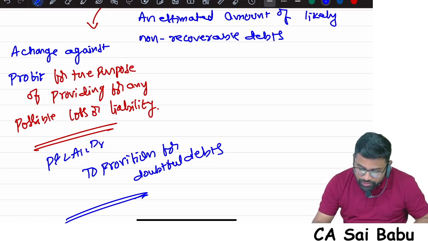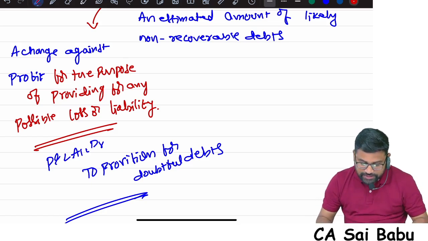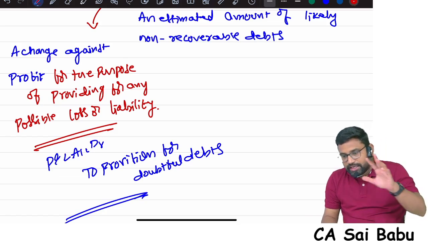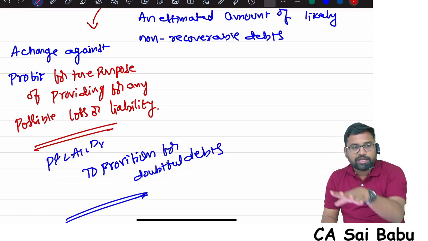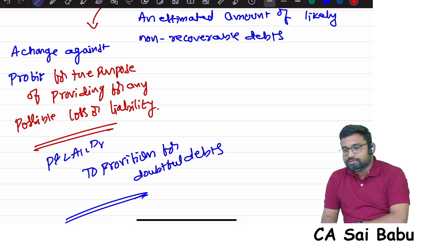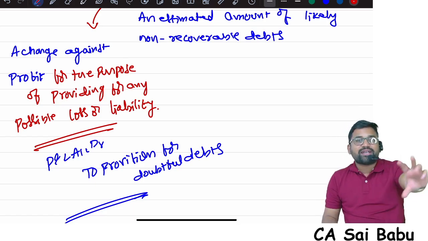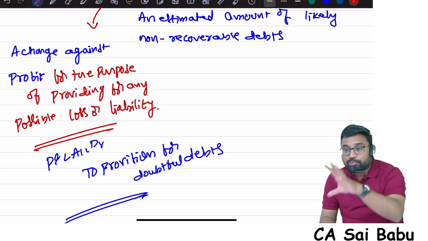And you know, this concept we are discussing is supporting one principle. Can you tell me what is that? Yes, conservatism principle. Very good. Yesterday I told you about the prudence concept.